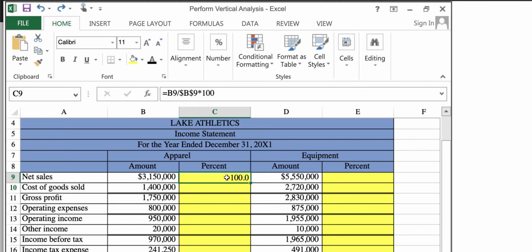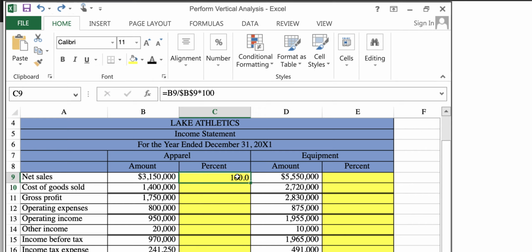If you're using a PC-based laptop or computer, then it is typically F4, the function 4 key. If you just hold that down while you have your cursor on the second B9 there and hit the F4 button, it typically will automatically convert that to the dollar sign wrap there.